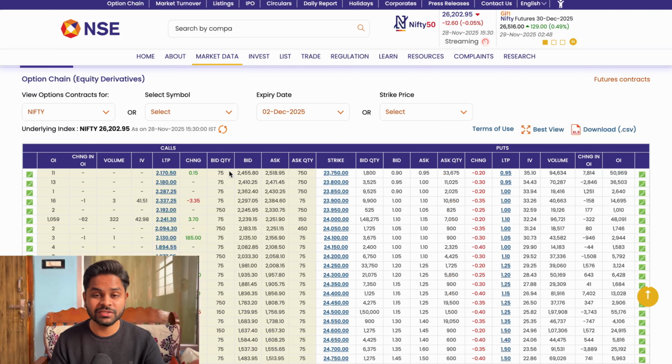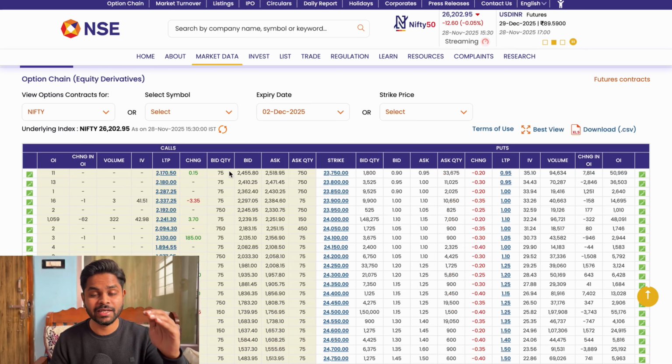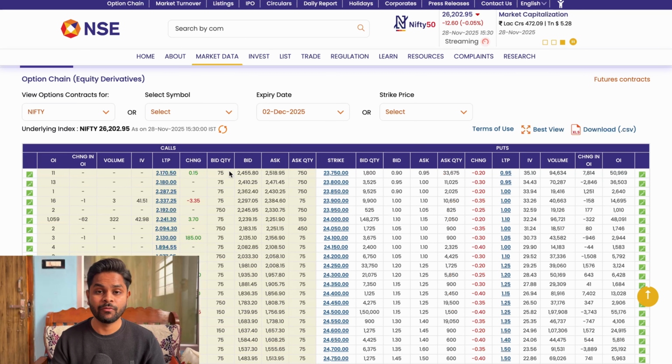So when an option seller sells call options, it means he is expecting the market will go down. And when an option seller sells put options, he is expecting the market will go up. I'll say it again. When an option seller sells call options, the market will go down. When an option seller sells put options, the market will go up.